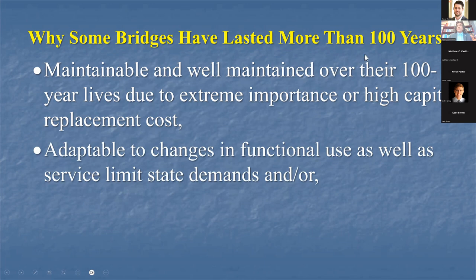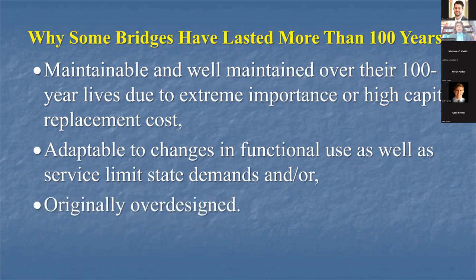The other thing is that they've been adaptable to changing function and use, as well as service limit state demands, because of basically the size and the width and so on. And finally, they were originally over-designed, just like the Williamsburg Bridge that I mentioned, where the safety factor originally for the cable was 5, but then over time it decreased.